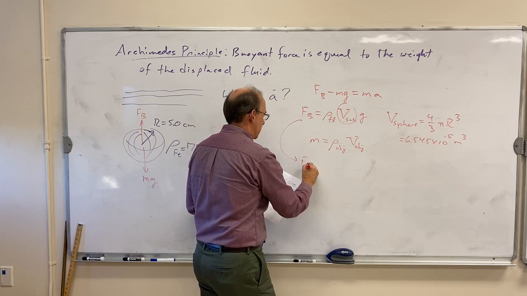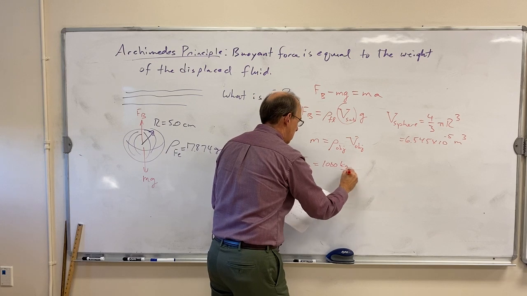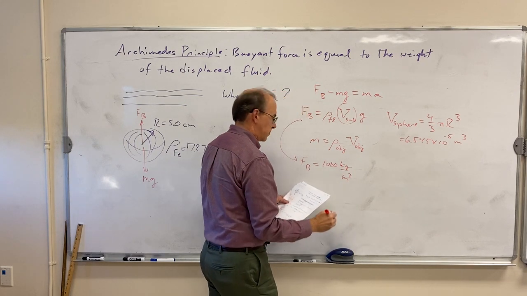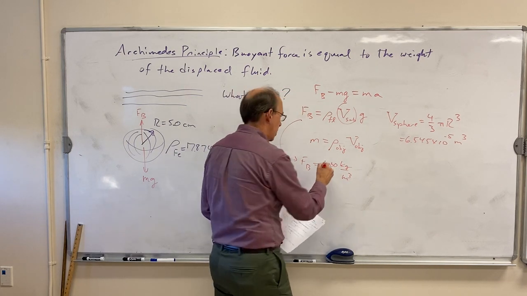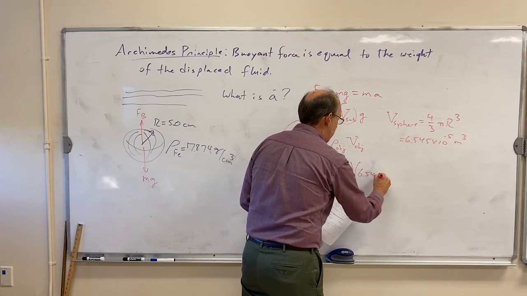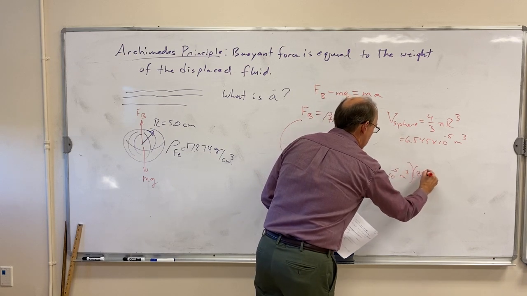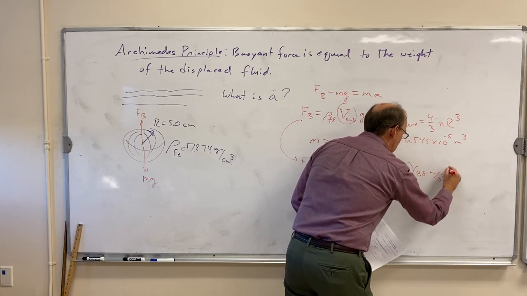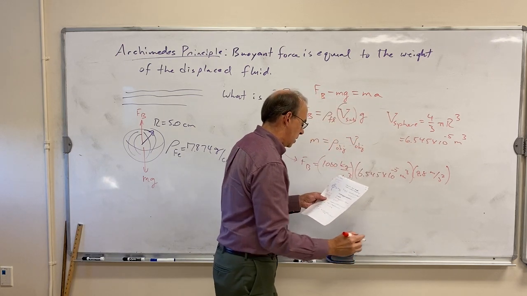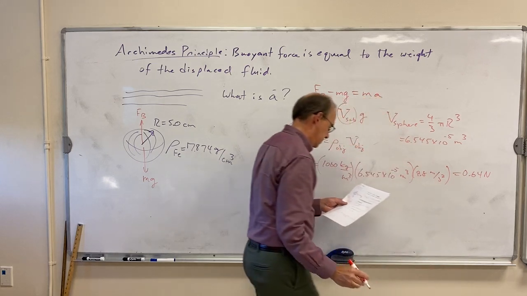This makes the buoyant force, rho of the fluid, 1,000 kilograms per cubic meter. If this is fresh water, I did seawater for the other one, this is fresh water. V submerged is 6.545 times 10 to the minus 5 cubic meters. g is 9.8 meters per second squared. That gives me a buoyant force of 0.64 newtons.